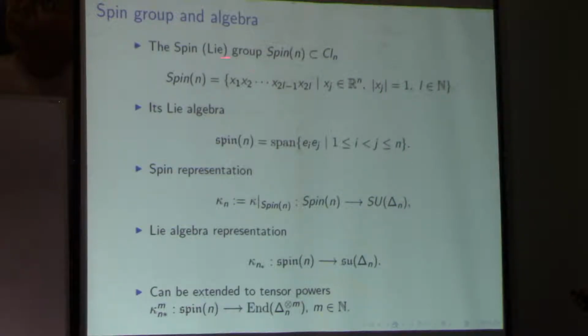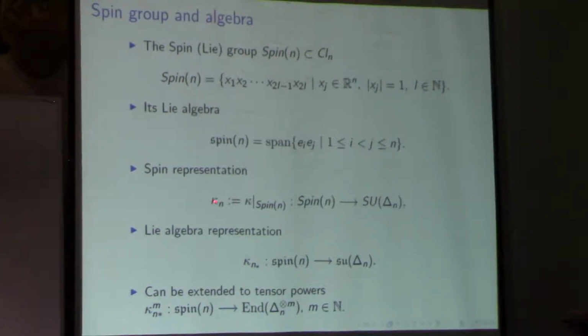Anyway, the definition: the elements of the spin group are the products of an even number of vectors in R^n of unit length, in the Clifford product. Okay? Its Lie algebra is spanned by the products of two different vectors.